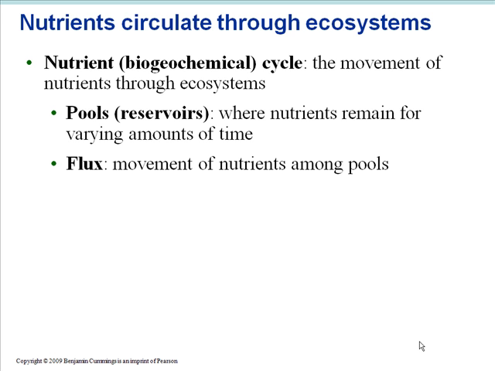And that varying amount of time is called the residence time of the nutrient. Flux is the movement of the nutrients between or among pools. We can think about the rate of flux and the amount that's being moved between the pools, and when we're looking at changes over time in these cycles.